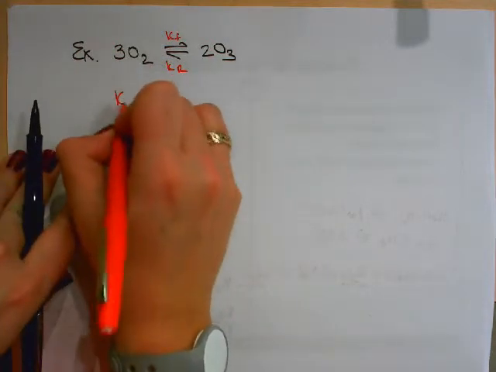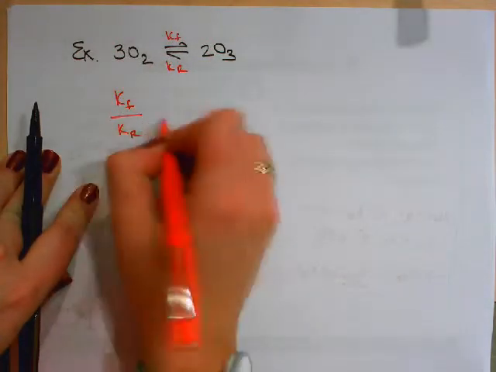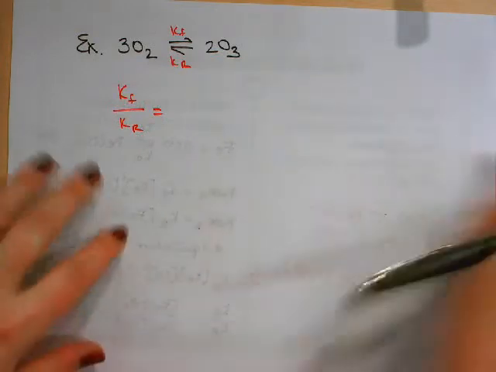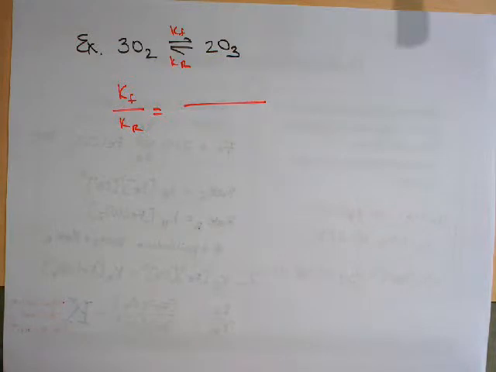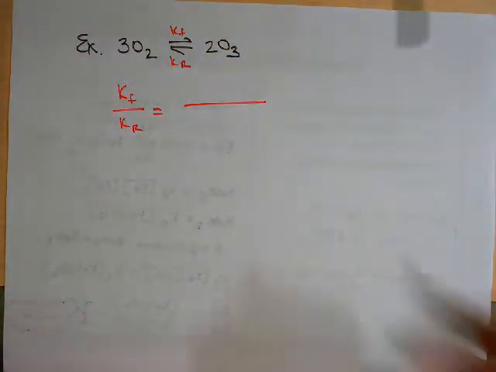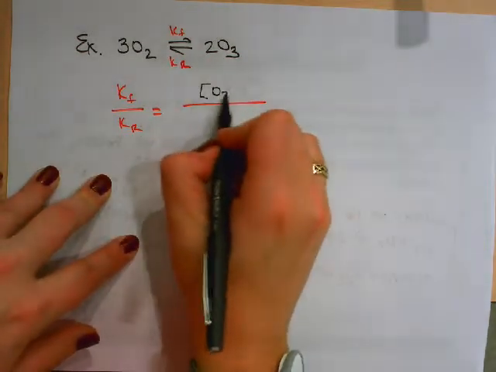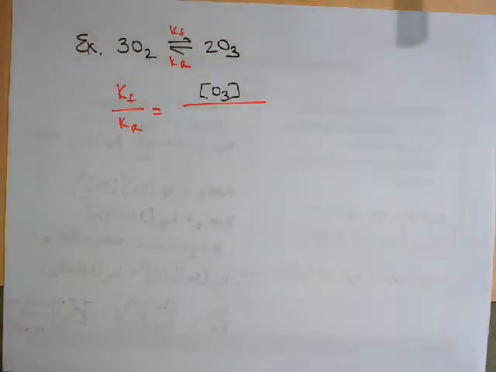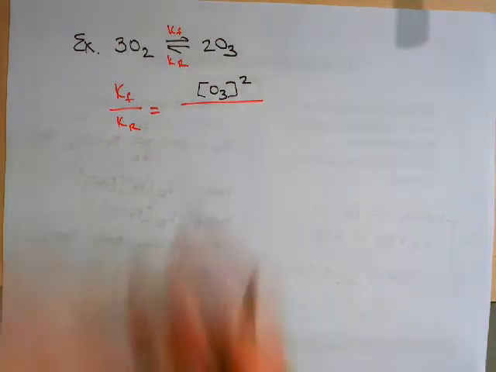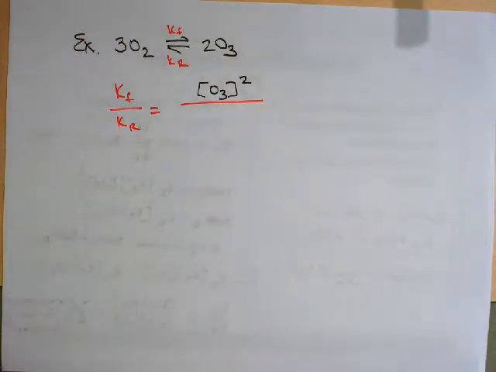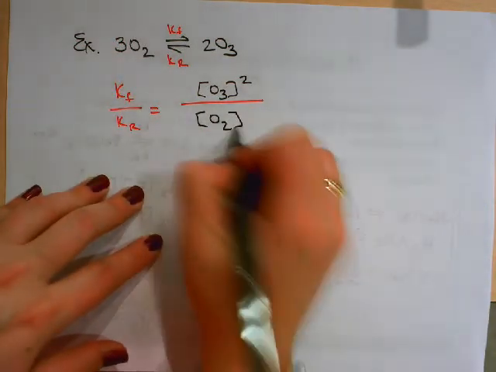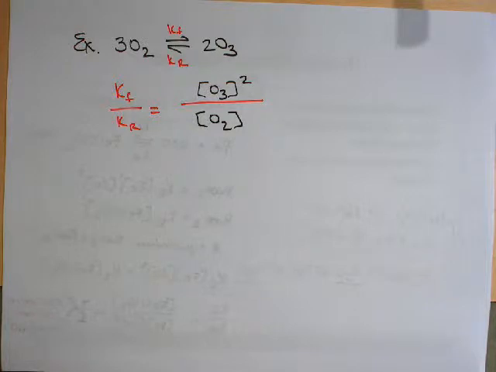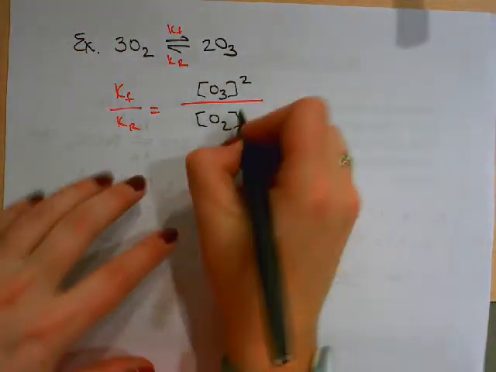If I set it up like I had on the previous stage, what goes on the top of the fraction? The ozones. To what power? Because we consider these all elementary steps. So on the bottom should be oxygen, and which exponent does it get? 3.